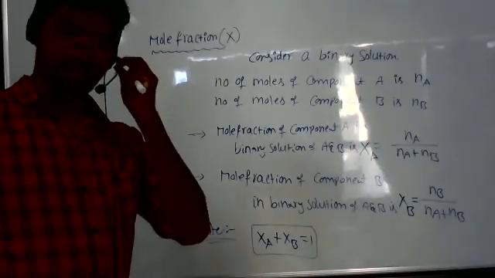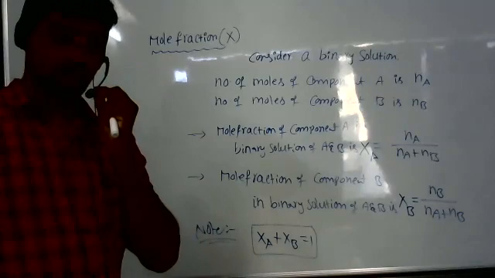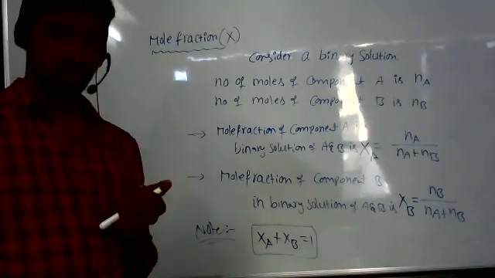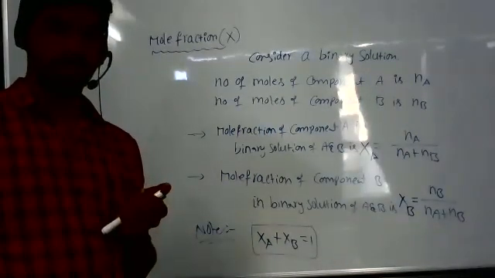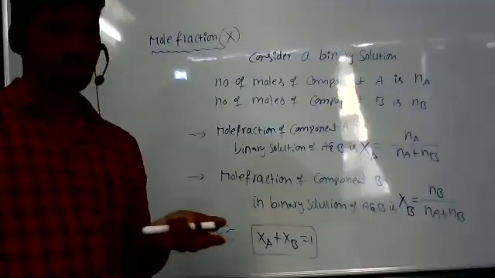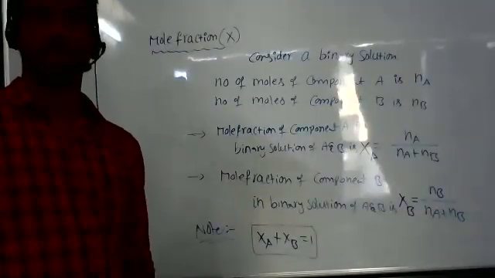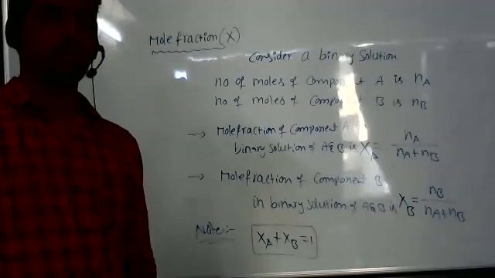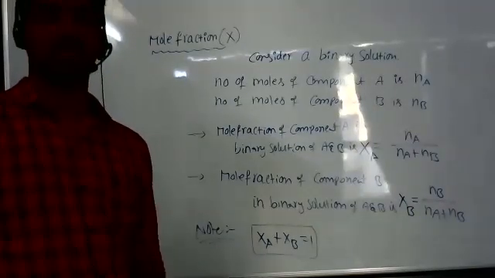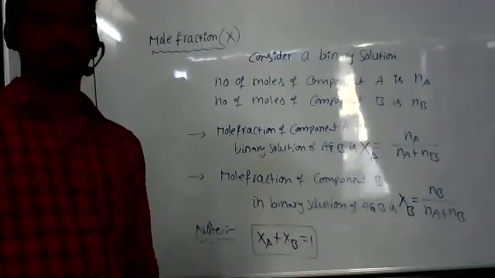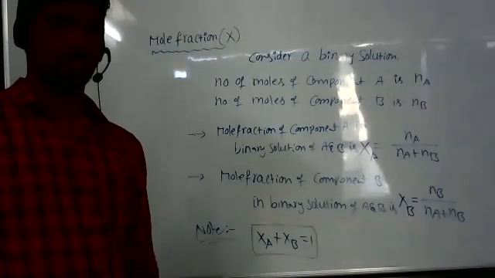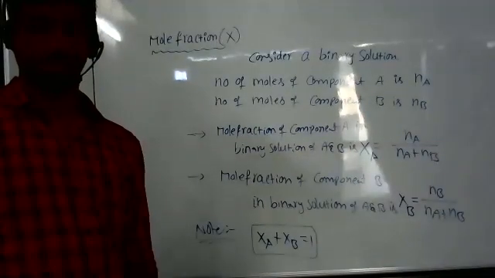If a solution has 10 components, then each and every component will have its own mole fraction. And in the denominator, instead of writing the number of moles of all the components, we can just write sigma, the sum.